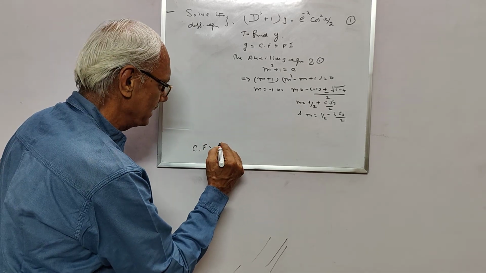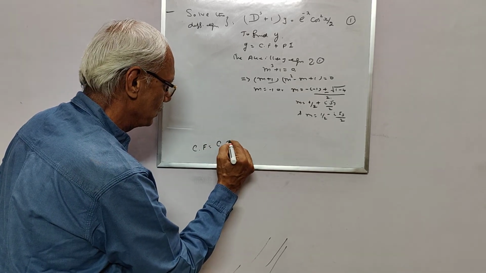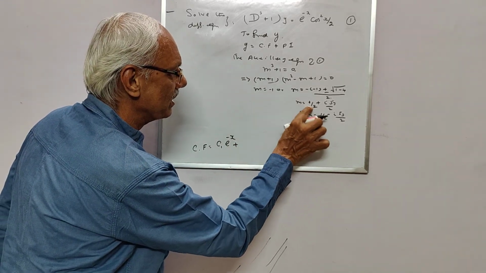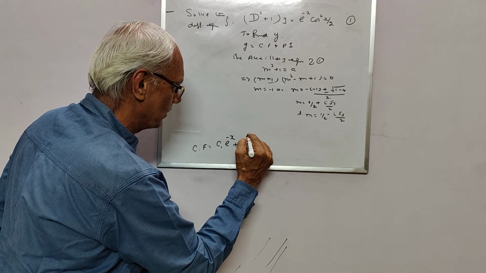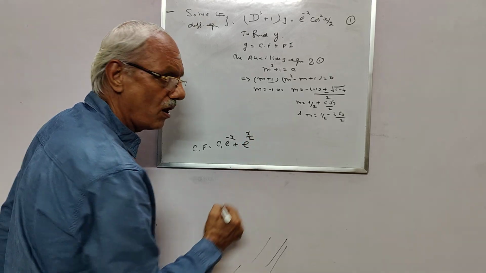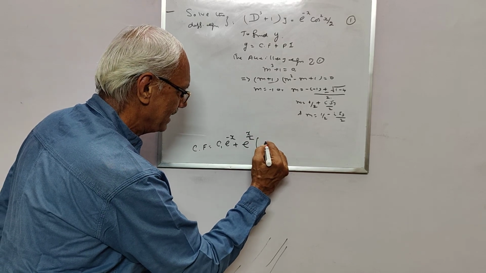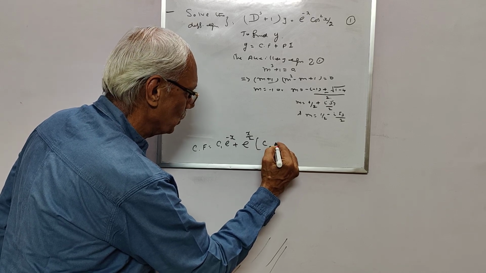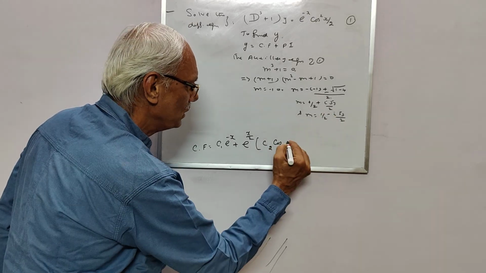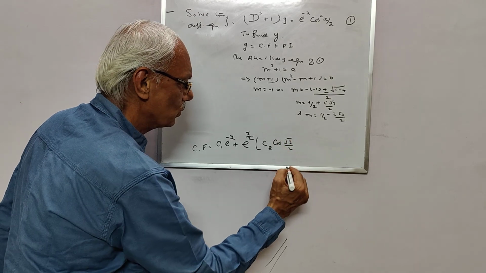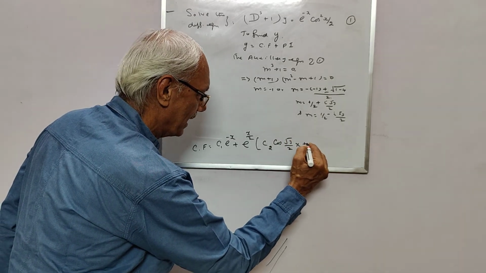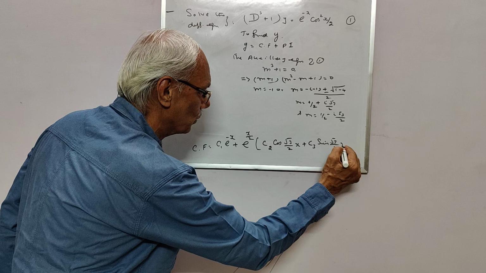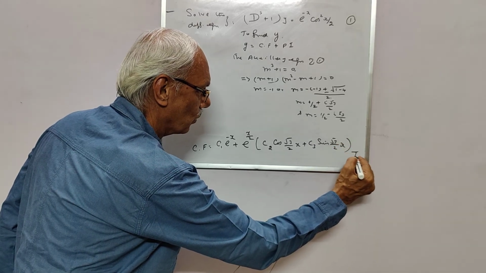The complementary function is c1 into e to the power of minus x plus, here you see that the real part is half, therefore it is e to the power of x by 2, and within brackets it is c2 cos root 3 by 2 of x, the imaginary part being root 3 by 2, plus c3 sin root 3 by 2 of x. Call this as your 1.